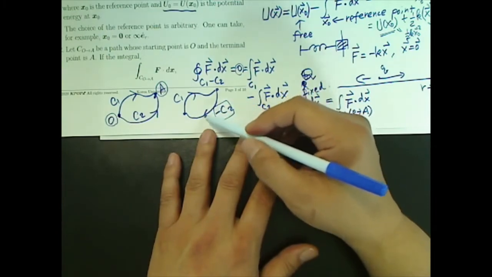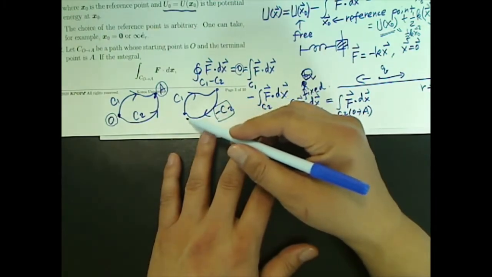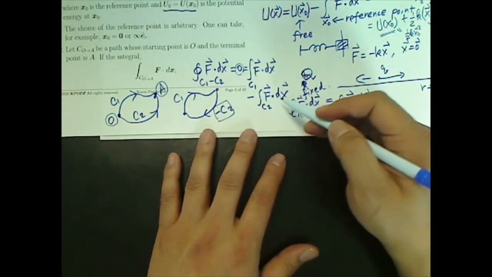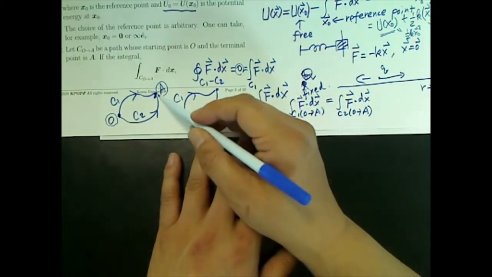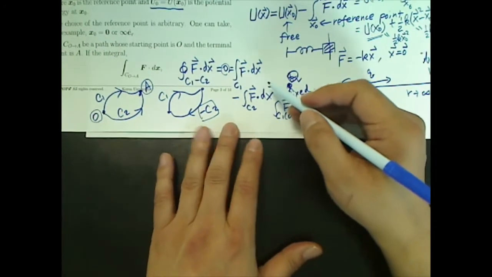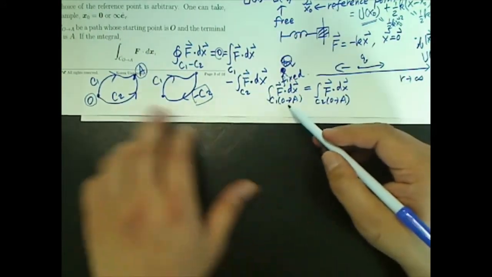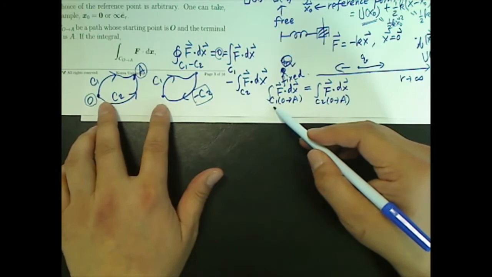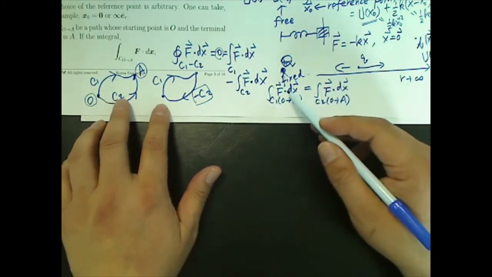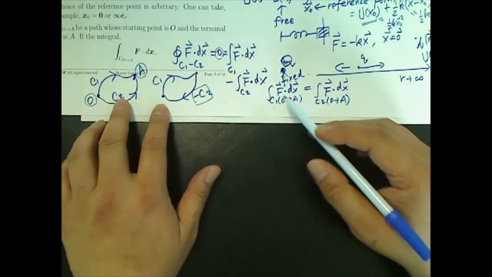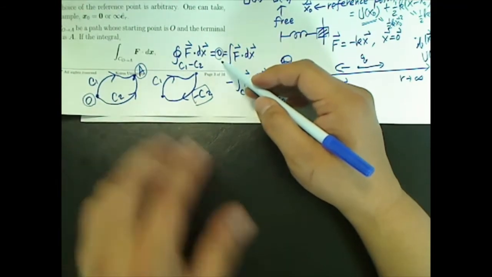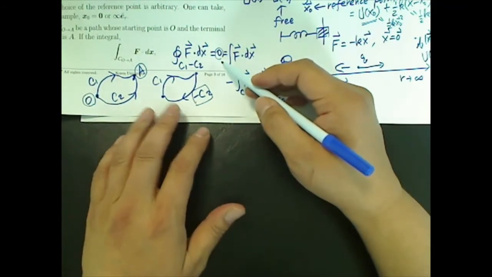The work done along the path minus C2 should be the negative of the work done along the path C2. Therefore, the work from O to A along C1 and along C2 must be the same. If they are not the same, then they do not cancel, and it contradicts the starting point.